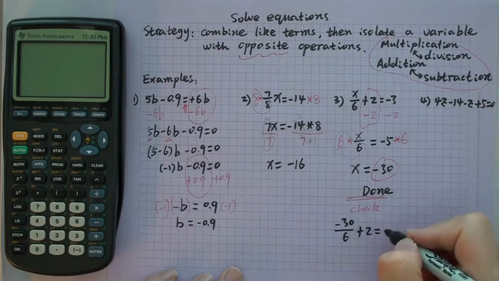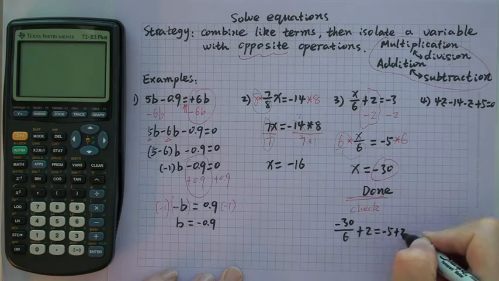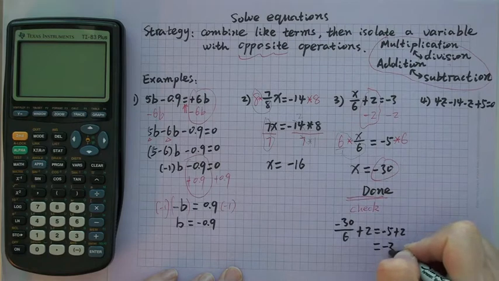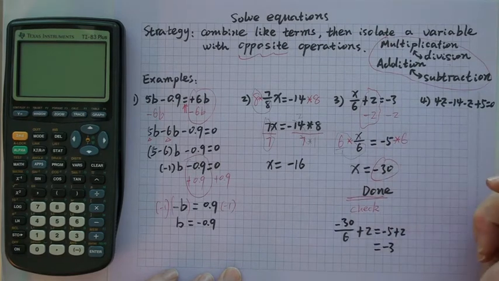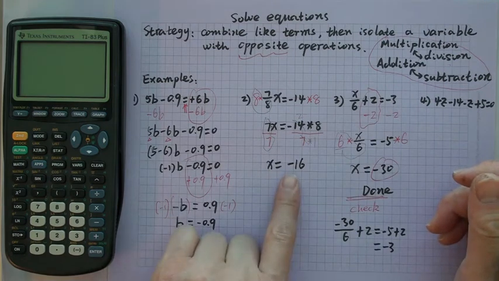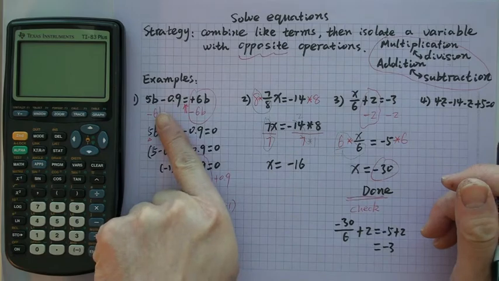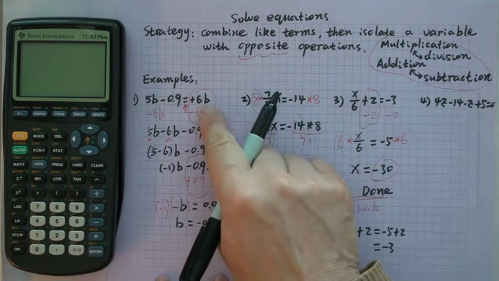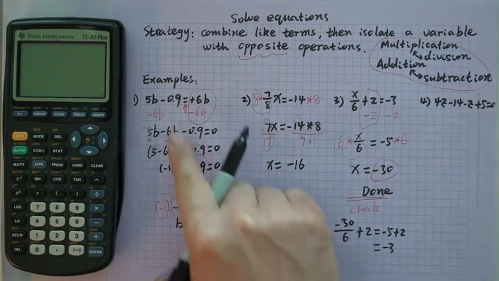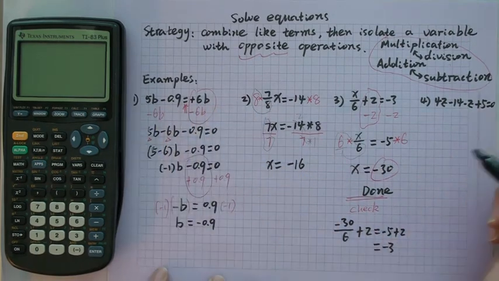Negative 30 divided by 6 is negative 5, plus 2, what do you get? Negative 3, which is the one right here. So actually you get it correct. Similarly, you can put it back here to check, and put it back here to check. And also here, because b appears in two different spots.